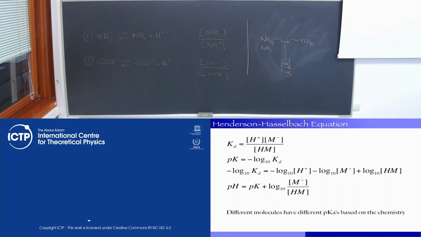Yeah. At which pH? Okay, very good. Now this would mean that if you see lysine, the NH2 on the left will be like this, right? Yes.